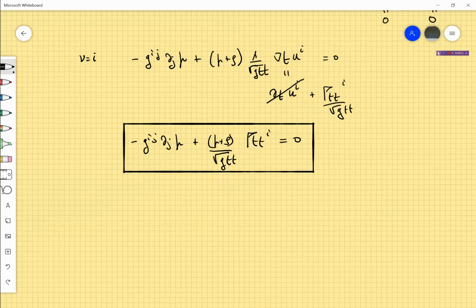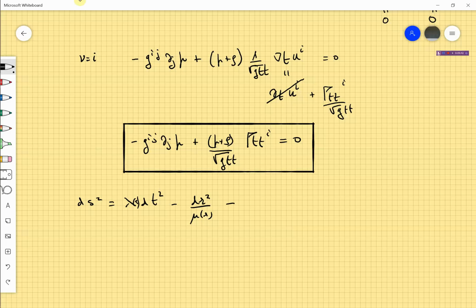Now we have to consider the Einstein equations. The first thing that we are going to do is to write the metric in one of the forms that I gave you in the previous video. I think it is form B, but it doesn't really matter. The only thing that you need to remember is that a static spherically symmetric metric depends on only two independent functions, which can be chosen in different ways, and this is one of them.